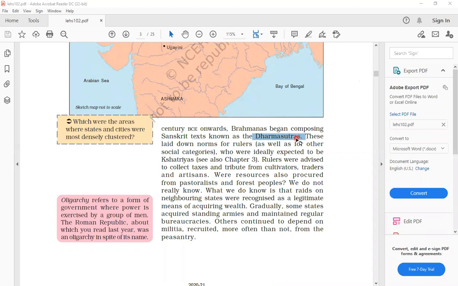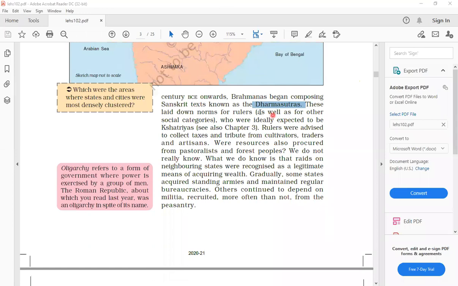When Brahmins began composing Sanskrit texts, which are known as Dharma Sutras or Shastras, these laid down the norms for rulers, who were ideally expected to be Kshatriyas. Here in this chapter, you are just introduced to this term Kshatriyas.